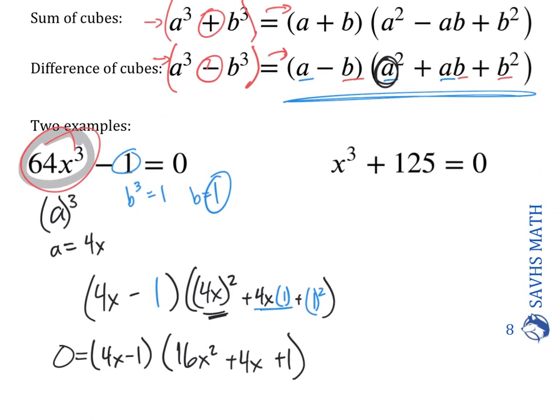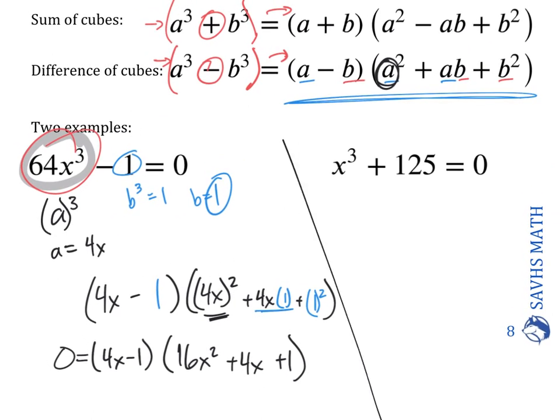On the next one, I have a sum of cubes, so I'm going to use the other formula. a is x, and b is 5, because 5 cubed is 125.